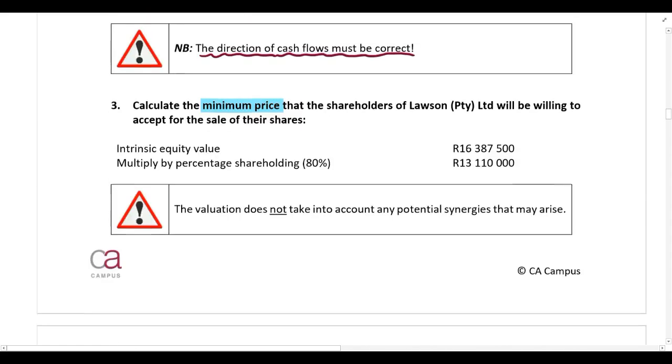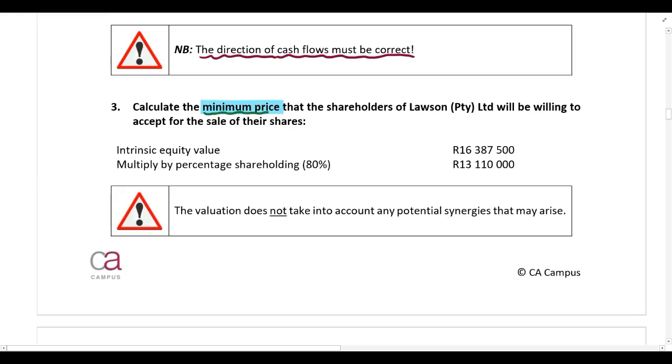So let's first calculate the minimum price that the shareholders of Lawson Pty Limited will be willing to accept for the sale of their shares. So remember, when calculating the minimum price, we are doing this from the perspective of the shareholders in the target company. So the shareholders of Lawson Pty Limited.